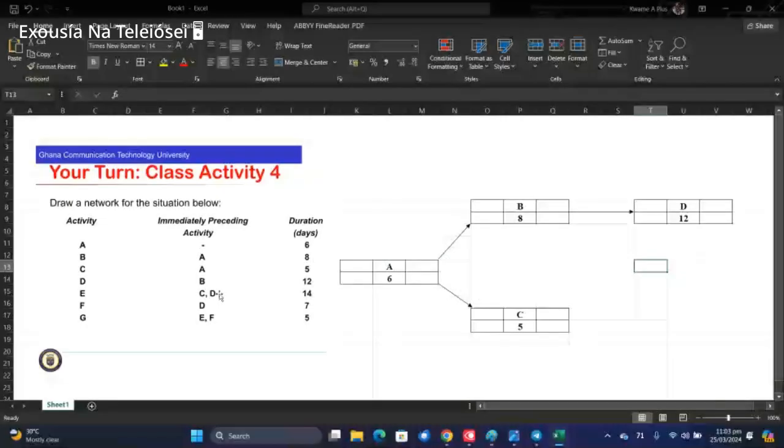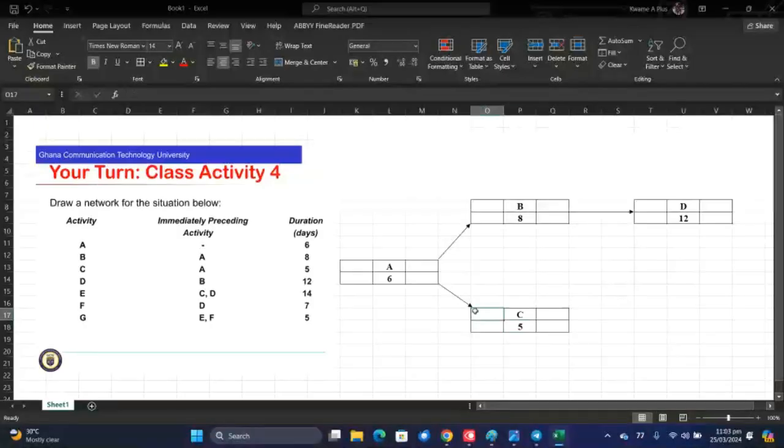CD precedes E. The C and the D have to meet at a particular point. So what I have to do is make this a particular way, maybe somewhere here.